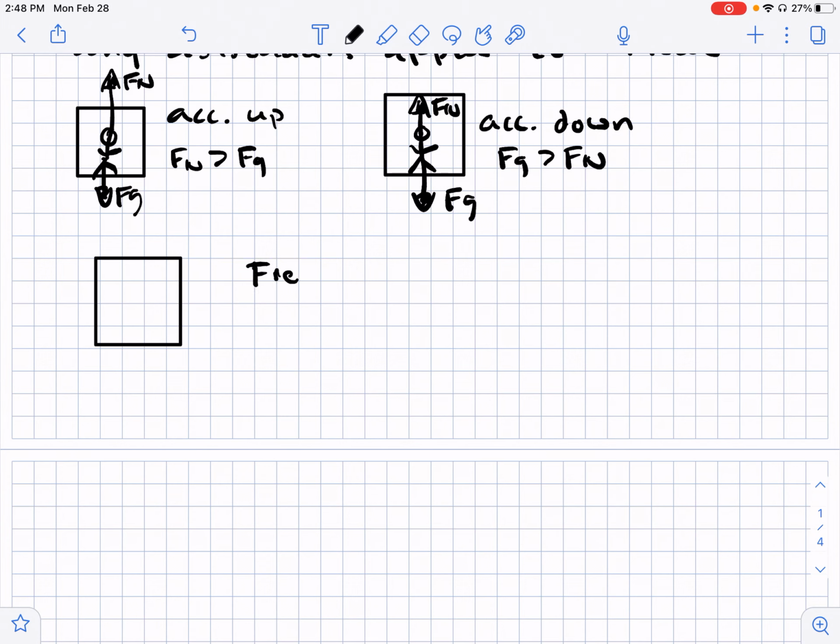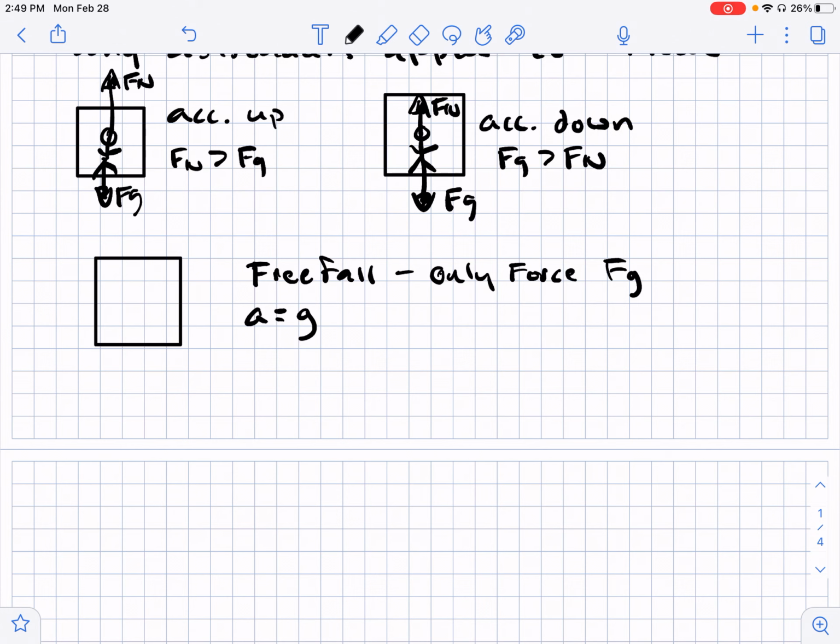We talked about this during our kinematics unit. If you remember, when you're in free fall, the only force is FG, right? Gravity is the only force. And if that's the case, then you and the elevator would be accelerating at the same rate, which would be g. So your acceleration would equal g.